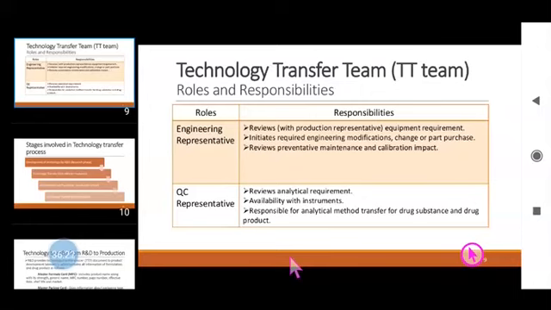In that case, the QC representative has the responsibility to transfer that process successfully, so that a proper analysis will be there, like the analysis which was being done with the R&D product.